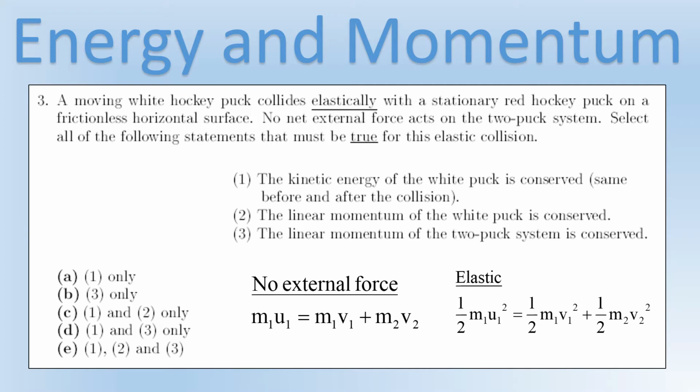So first of all, we know statement 3 is going to apply because there's no external force. So 3 is going to be correct. The white puck is going to transfer some of its momentum and some of its energy to the other puck. Therefore, its momentum is not conserved, and also its kinetic energy is not conserved. So we can see that it's going to be B. It's 3 only.